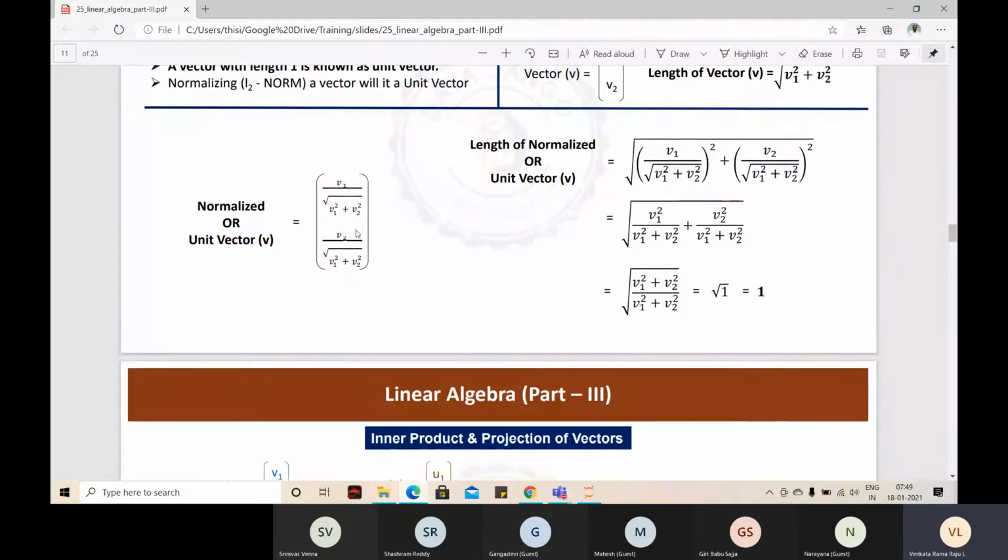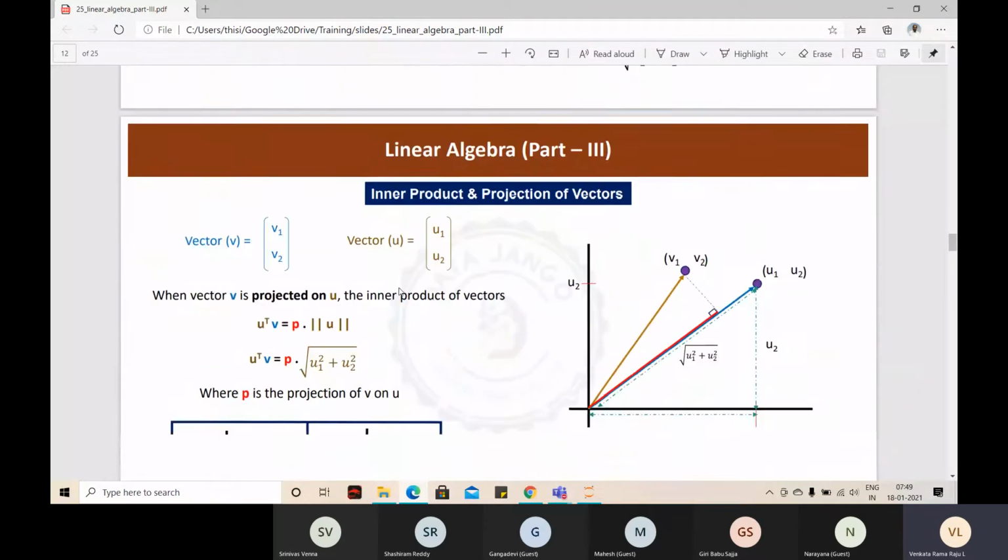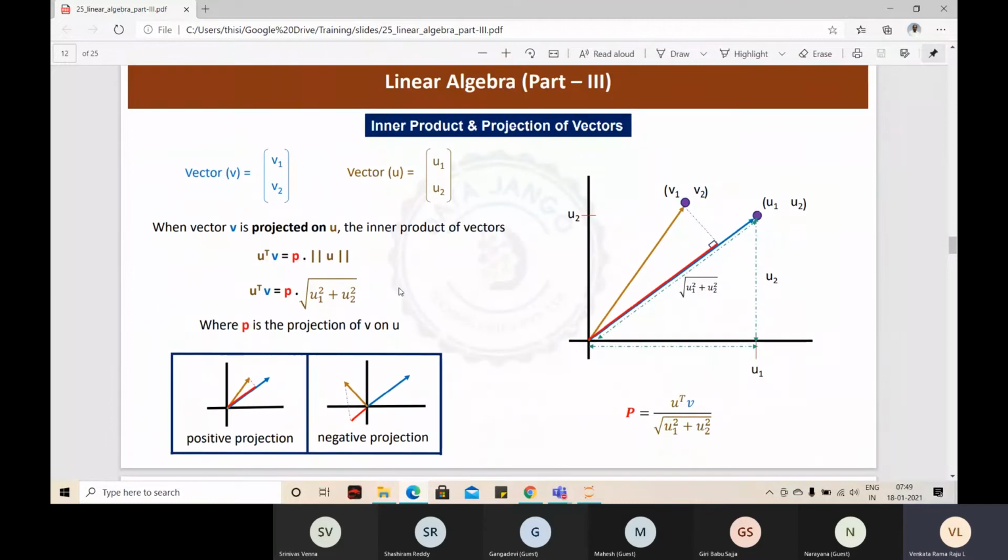So this is going to be used in NLP a lot. And then the projection of a vector, we used this in SVM, right? The V vector is projected onto U, and how much the projection value is, you can calculate using this formula.